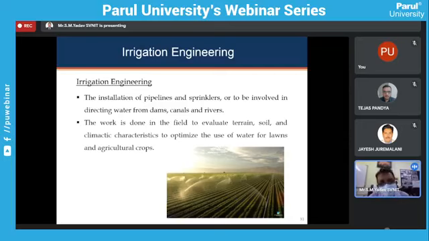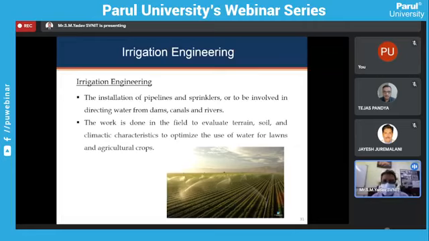The other area where a water resources engineer can work is irrigation engineering, which includes different types of irrigation engineering. The ministry is advocating the use of drip irrigation and sprinkler irrigation, so that water can be saved, and with less quantity of water more benefits can be derived.